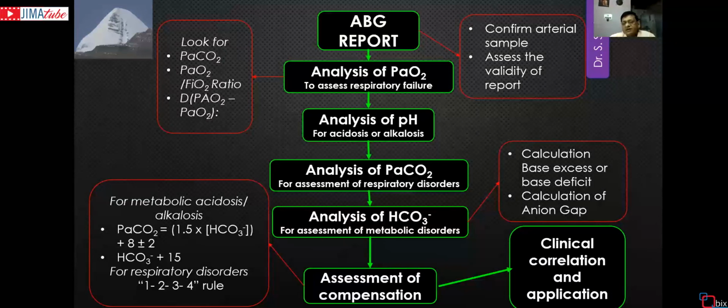The clinical history and the clinical setting are very important. Another very important thing is to compare the ABG with the earlier one. It should not be looked at in isolation. It should be looked at along with the clinical setting and the previous ABG. Then we can understand what to do with that ABG report.